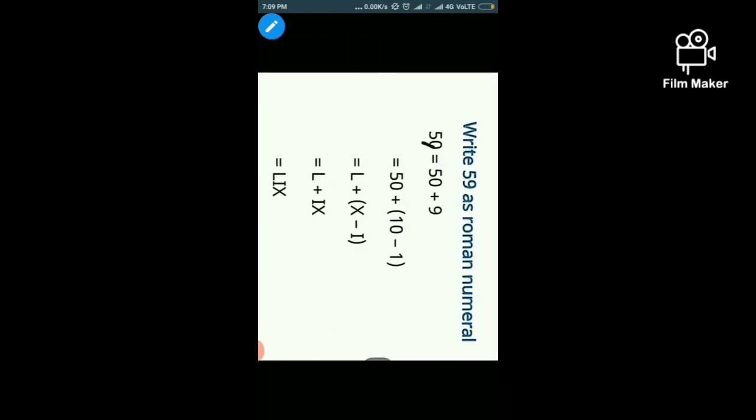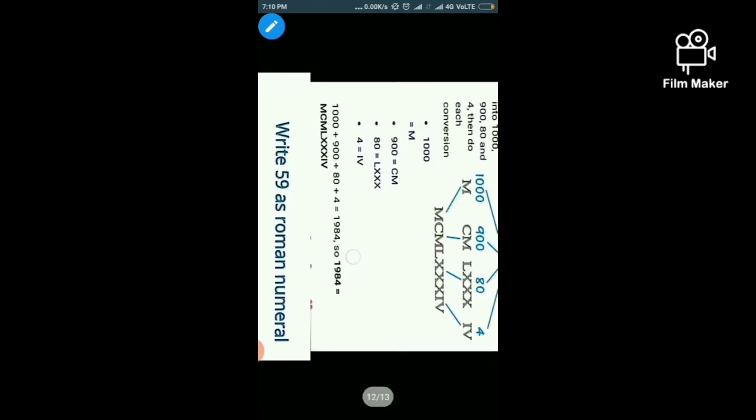So 59 is broken into 50 plus 9. 50 is represented by L, and 9 you can write directly as IX, otherwise you can break 9 also: 10 minus 1, 10 is denoted by X, 1 is denoted by I. As it is subtracted, I will be written at the left hand side of X, so the result is LIX.